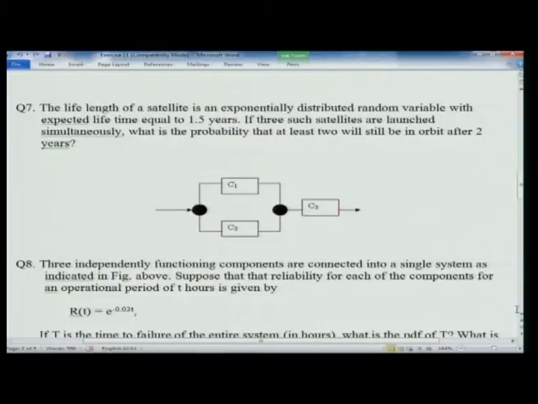By now we have discussed all this. Therefore, you have to treat these two as parallel. Then you compute the reliability of this combination and then this together with component C 3 in series. So, now you can do it. They are all identically distributed, the failure laws for the 3 components.